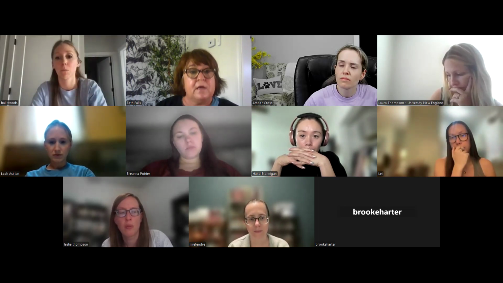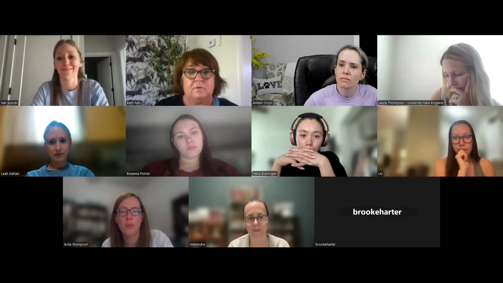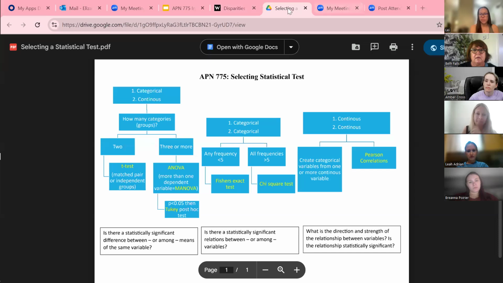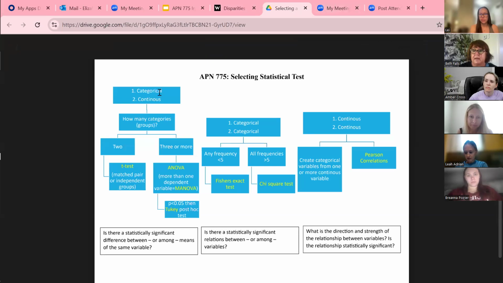Yeah. Okay, so going back to my shared flowchart, if you have one categorical variable, which now you do, your protein would be categorical, and your dependent variable would be continuous, and you have 3 or more groups, now you'll do an ANOVA.